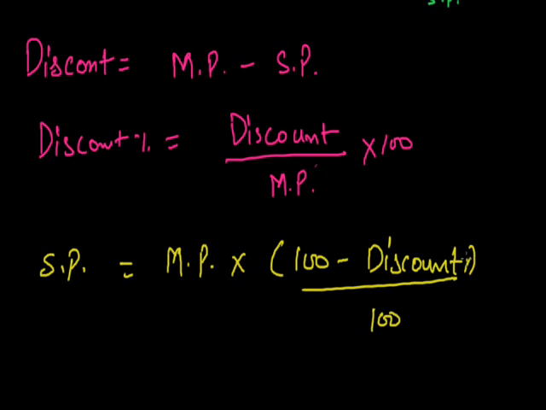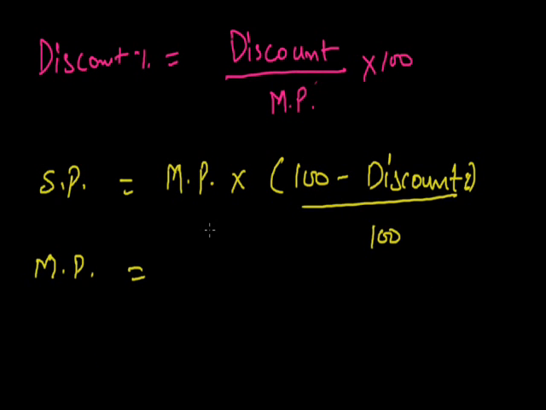Here we have to write the discount percent. Now if you have to calculate the mark price and you are provided with the selling price and discount percent, it will be equal to 100 into selling price upon 100 minus discount percent.